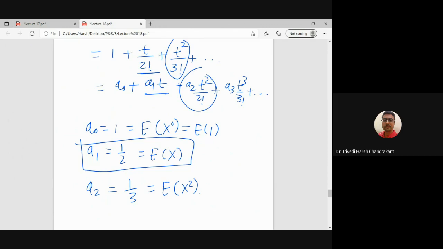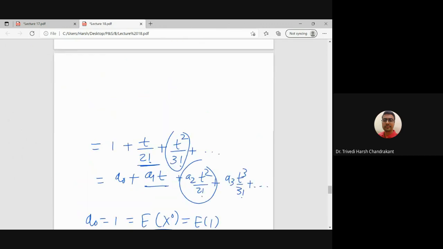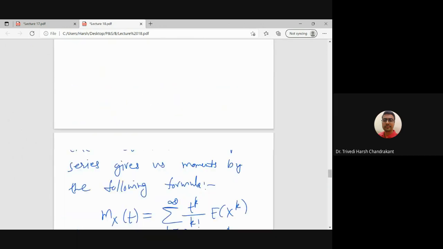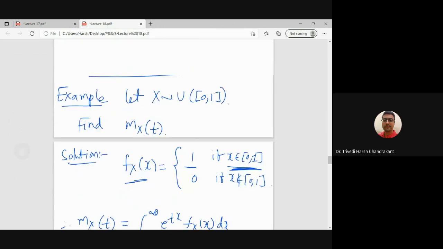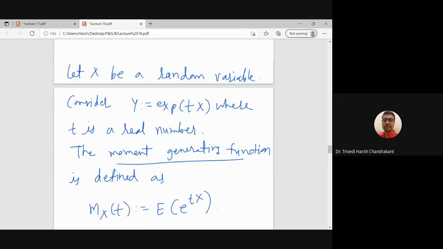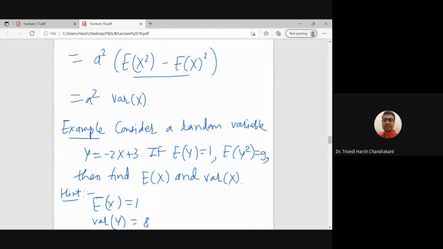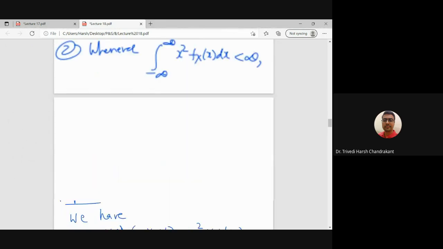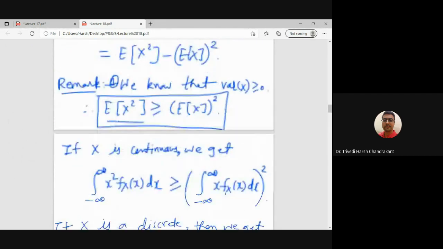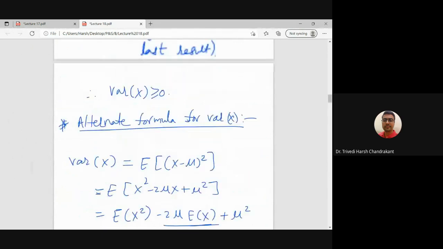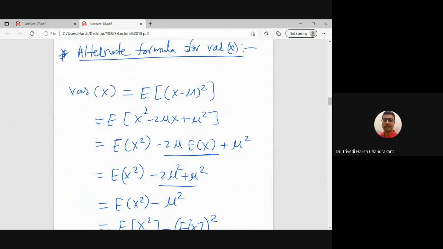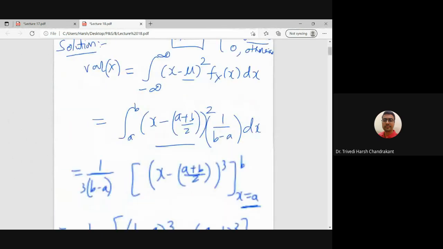So what is the variance in this case? It is 1 by 12, because we found that it is (b minus a) square by 12. Let us go back to that example. That is the first example, right?